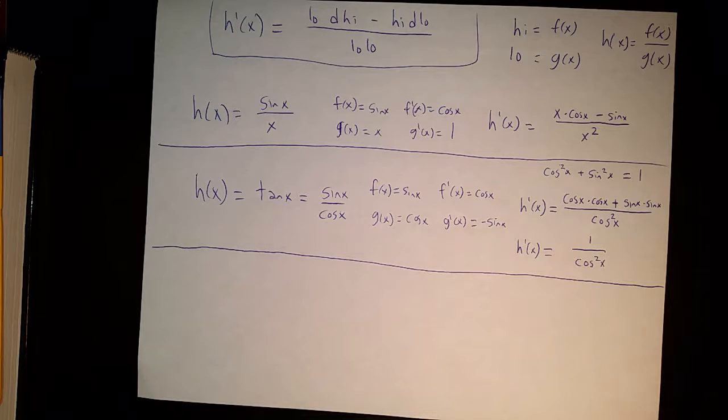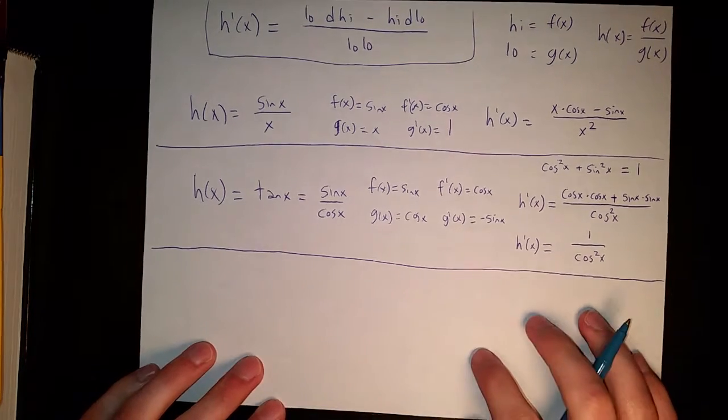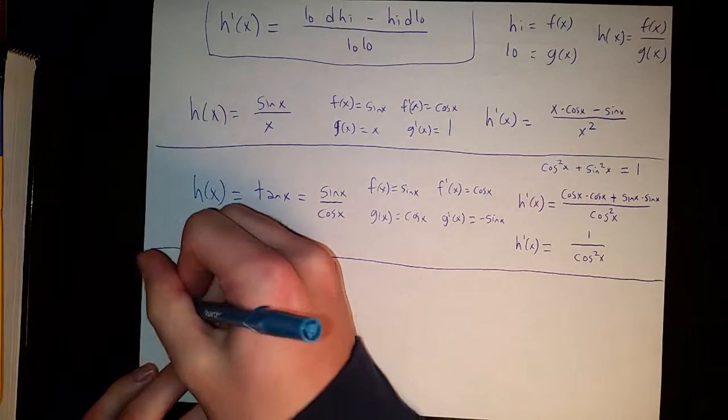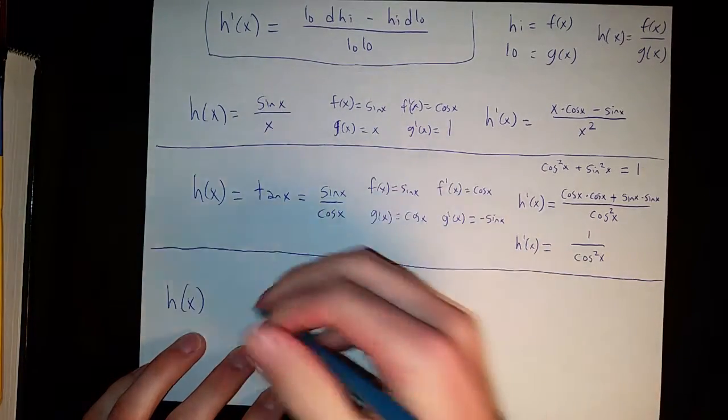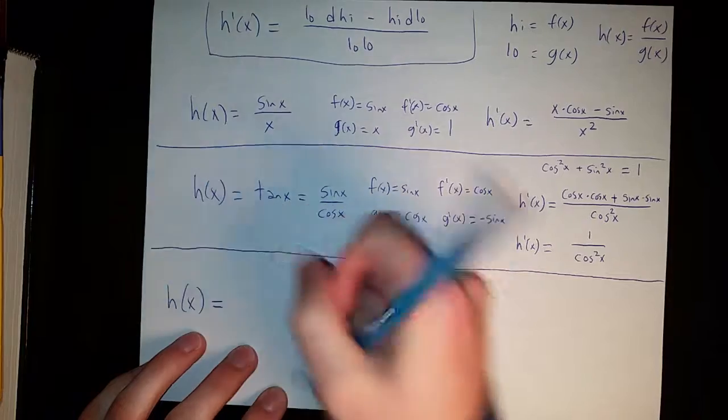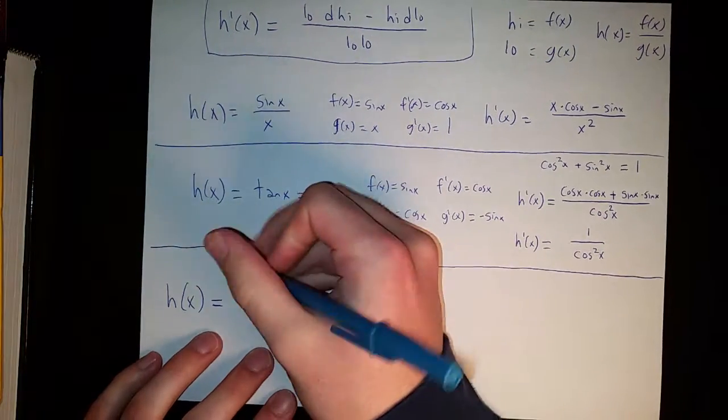Alright, so let's do one more here. Okay, so let's mix in a little product rule. What do you guys say about that? Let's go a little product, little quotient, little everything.